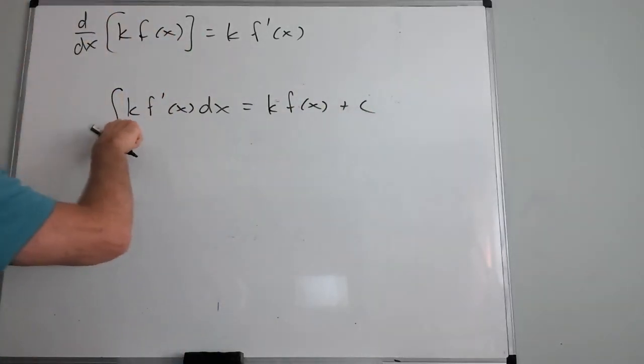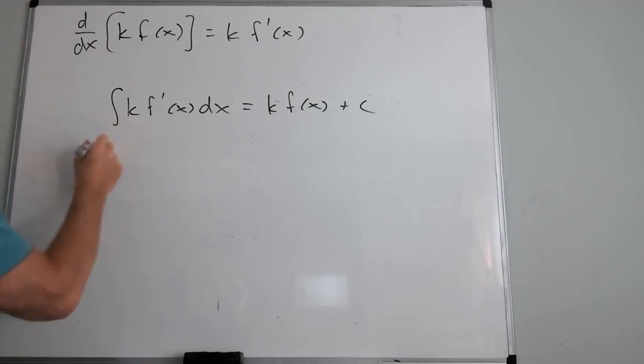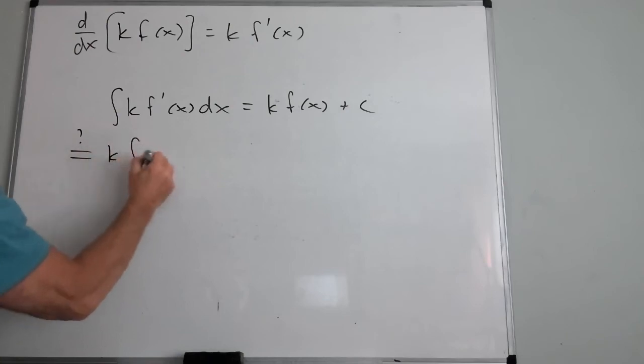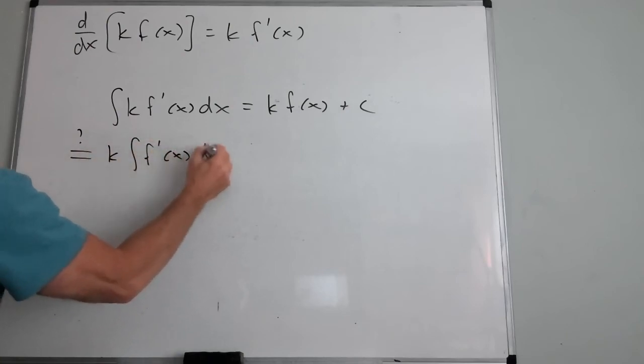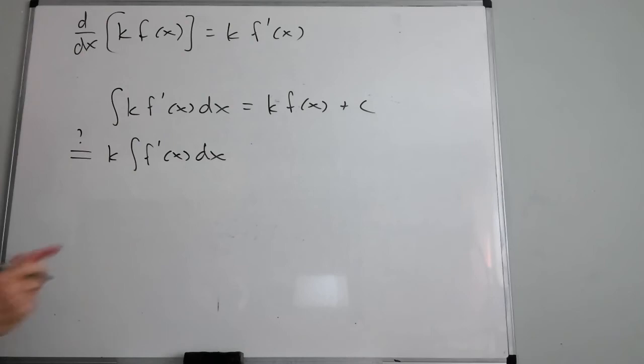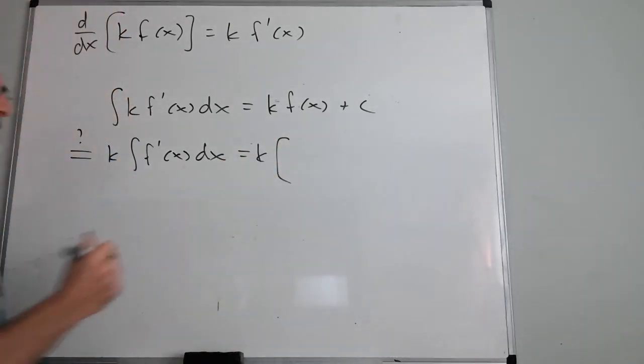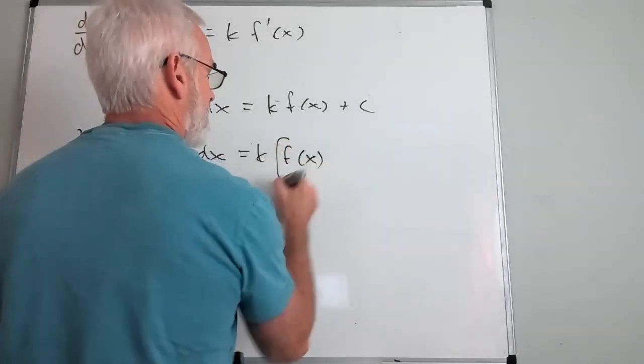But if I factor out the k, then what will I get? I'm going to get k times f of x.